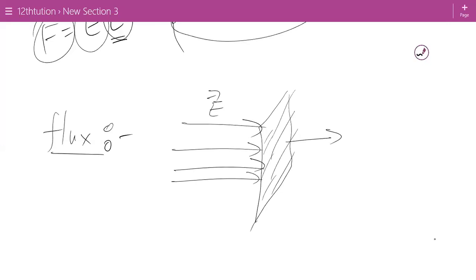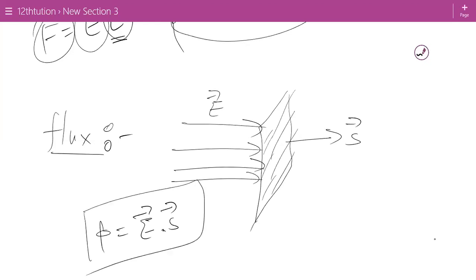This is a uniform electric field, that's why electric flux will be equal to E dot S. This is the formula for the flux, E dot S. What is the meaning of E dot S? What is the formula for the dot product? AB cos theta. Yes, good. So it will become ES cos theta.